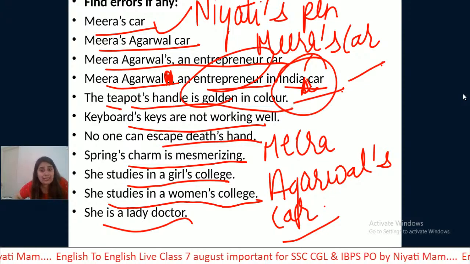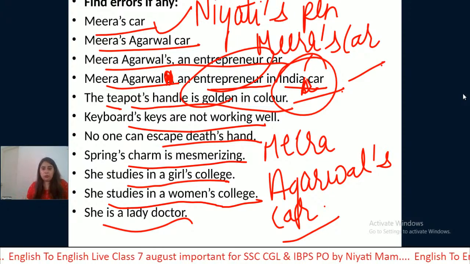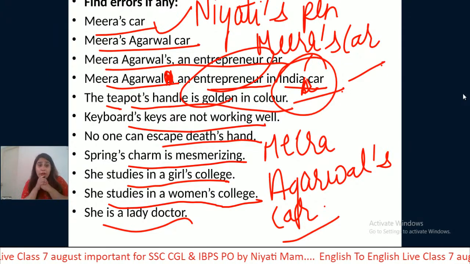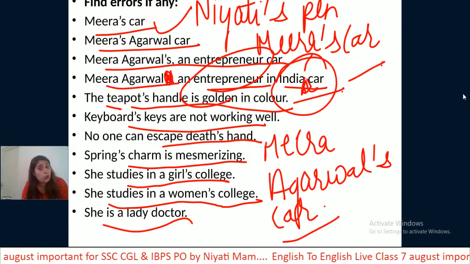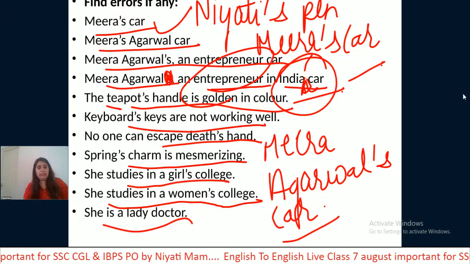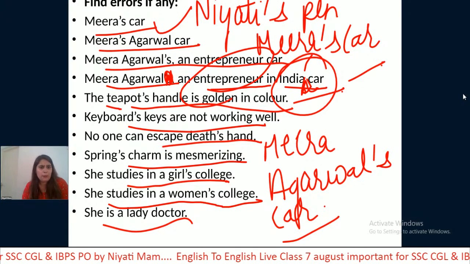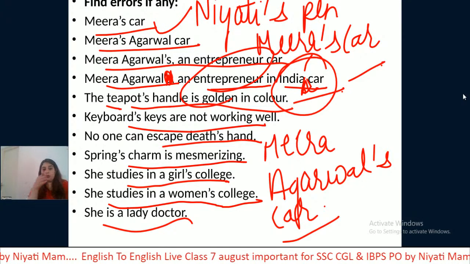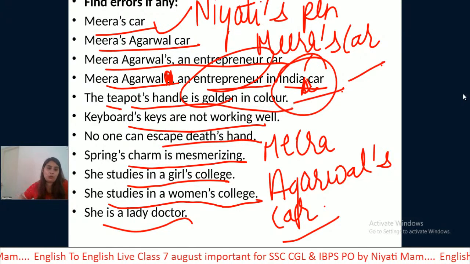The teapot's handle is golden in color. Okay, so there are two sentences in front of you. The teapot's handle is golden in color. Keyboard's keys are not working well. What do you think about these sentences? Do you think that these sentences are correct, or wrong?